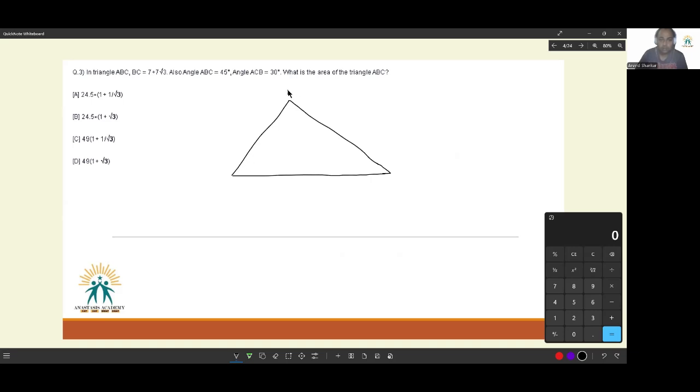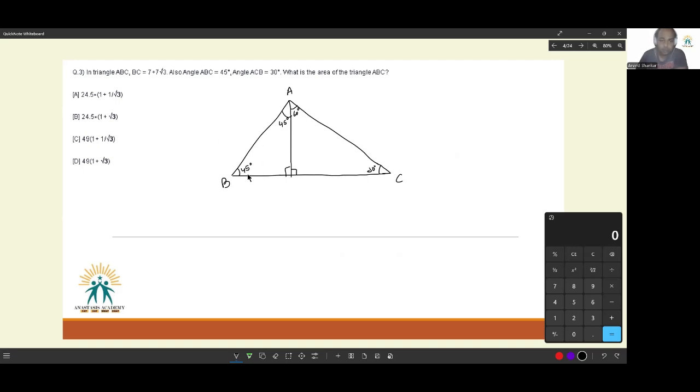Let's say this is A, this is B, this is C. This is 45 degrees. This is 30 degrees. So if a perpendicular was dropped from here, 30, 90, this will be 60, 45, 90. This will be 45. Total being 105 degrees, all three angles matching.